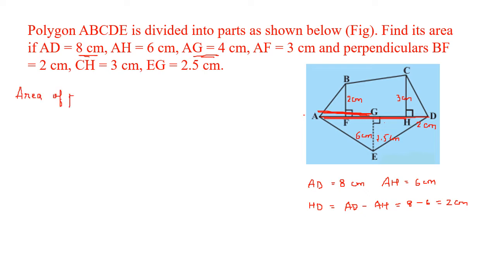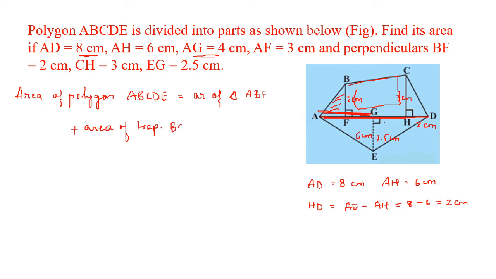Area of polygon ABCDE equal to area of triangle ABF, plus area of trapezium BCFH, plus area of triangle CHD, plus area of triangle AED.